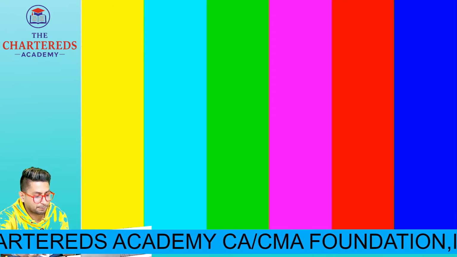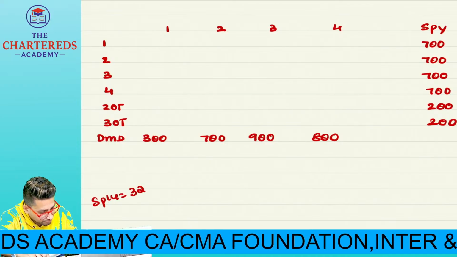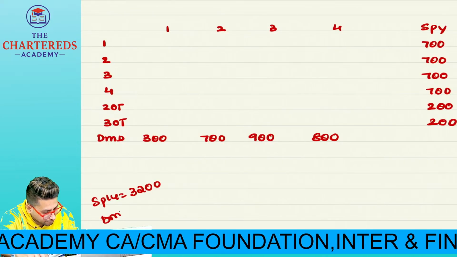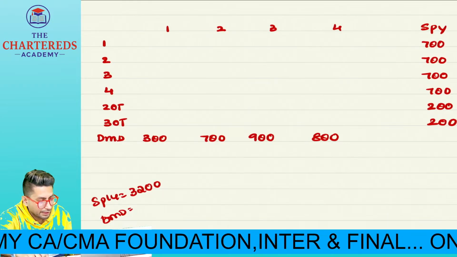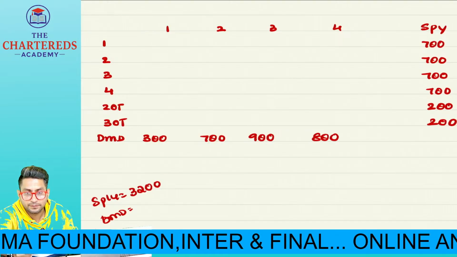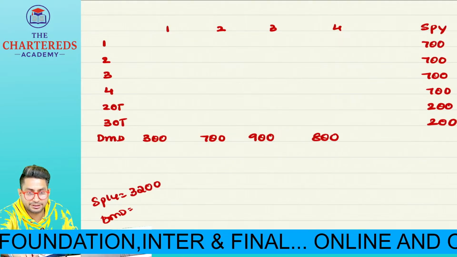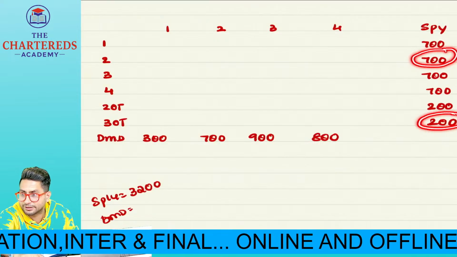Now how much is supply? 3,200. How much is demand? Additional 200 means, second week, how much in total? It will be 900, right? I have taken second week 700 here and additional 200 here. Total 900.